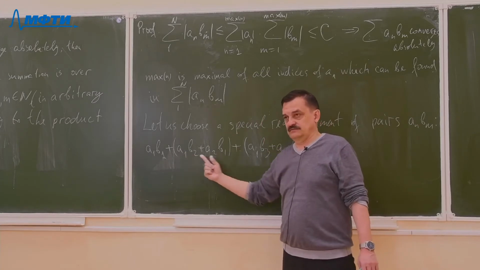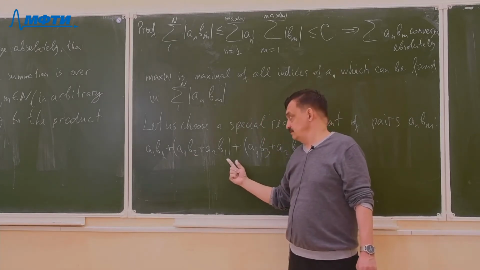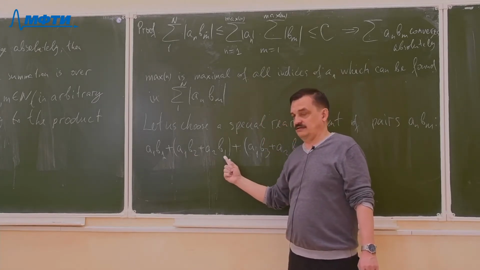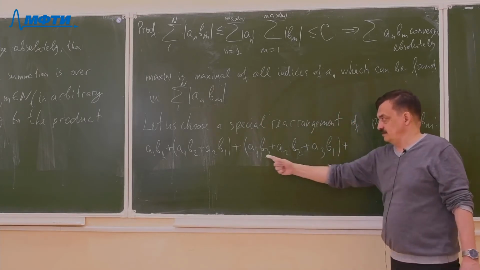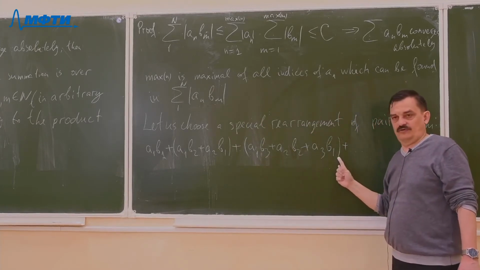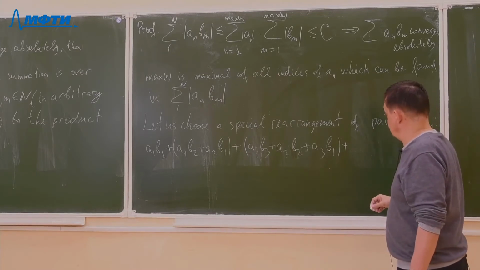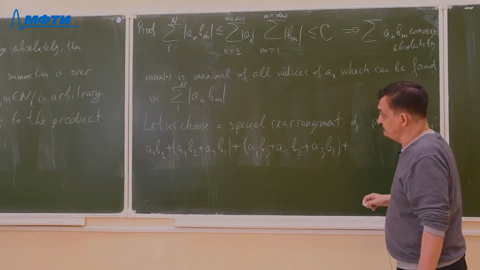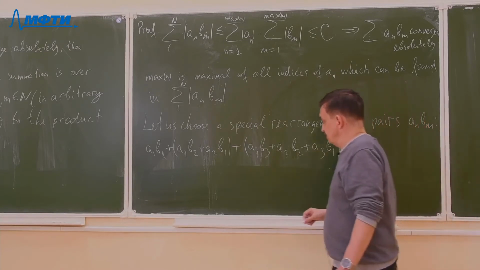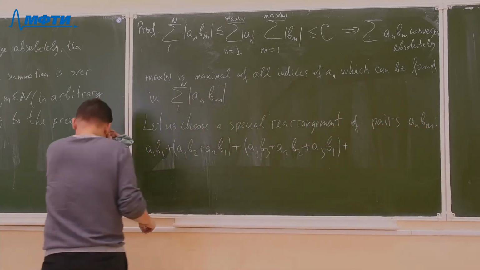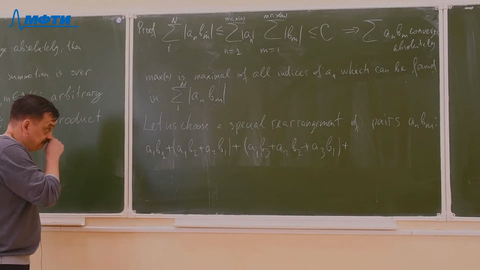Second, the sum is 3. Third, the sum is equal to 4, and so on. In fact, it has a special name. I'll give it a little bit later.